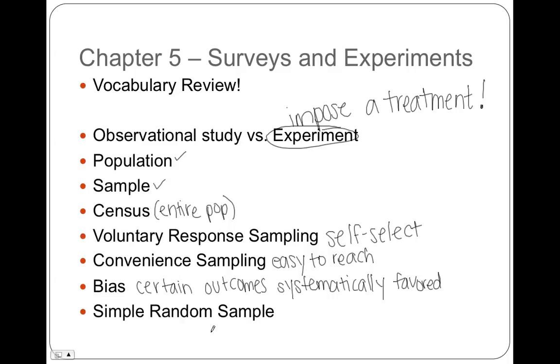Something like that. Simple random sample is a much better way of choosing a sample, and we know by now that if you're asked to describe how to take a random sample, you are going to put names in a hat, and you are going to shake that hat.